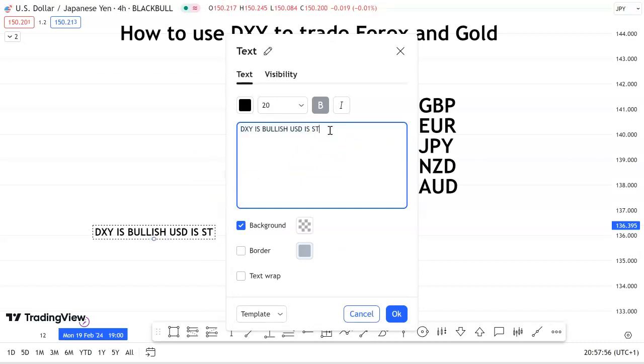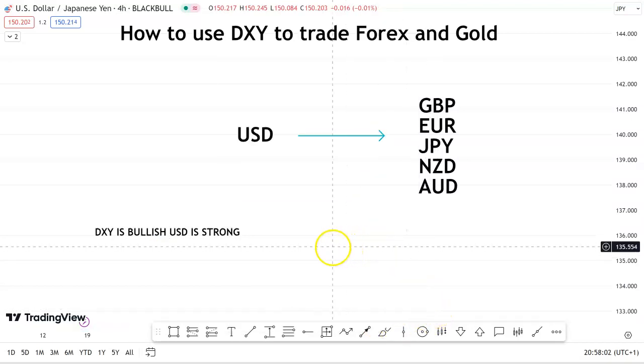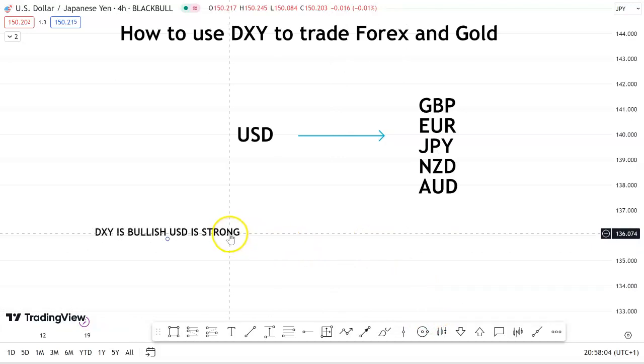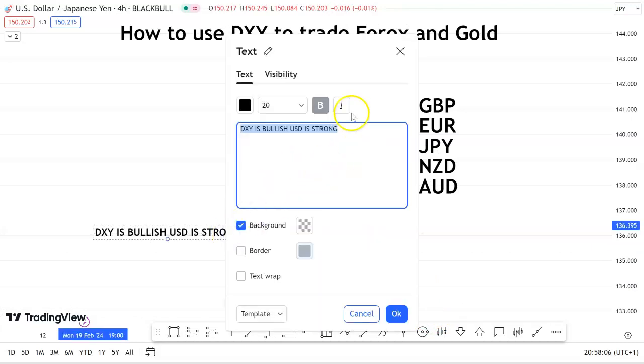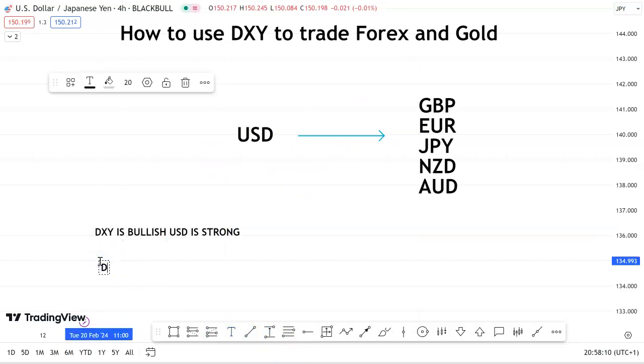Let's use the word strong, not bullish. Sorry. Okay, whenever the DXY is bullish, USD is strong. Then vice versa, when DXY is bearish, USD is weak.